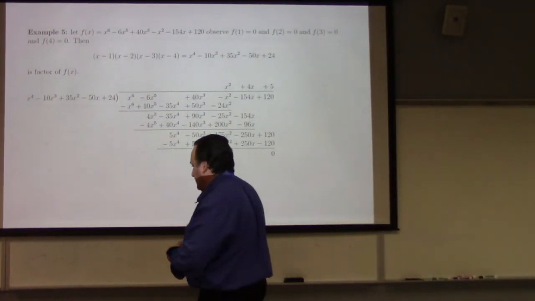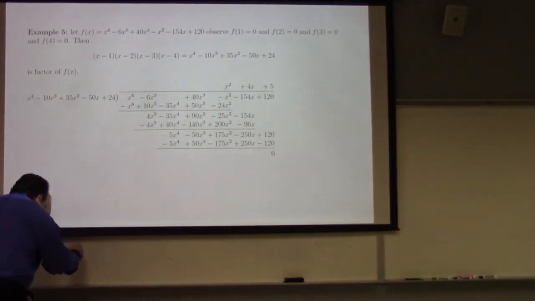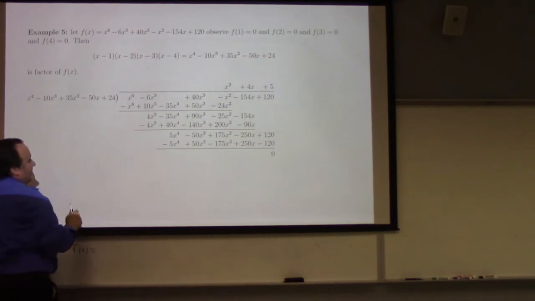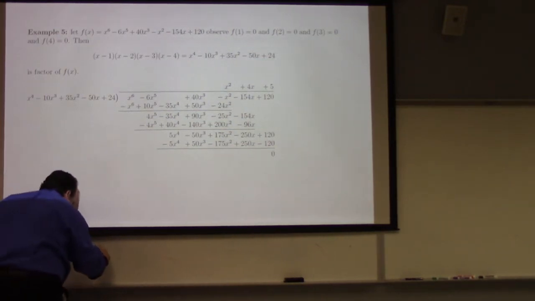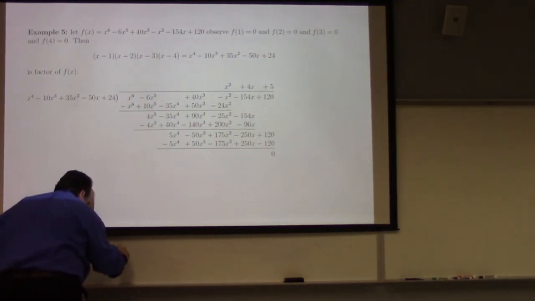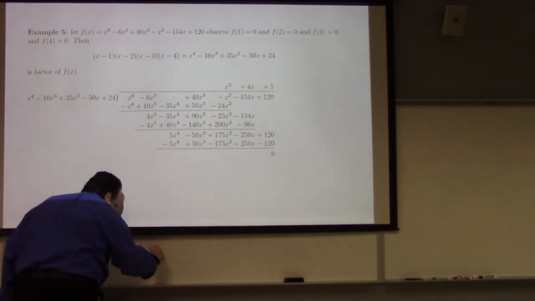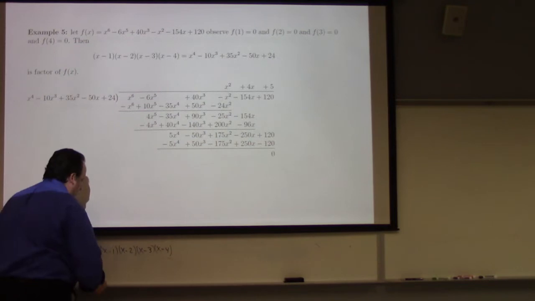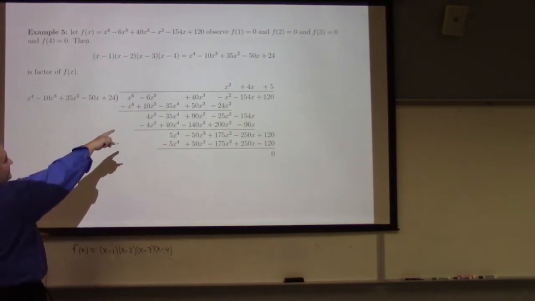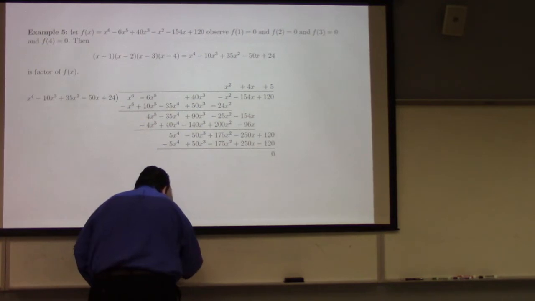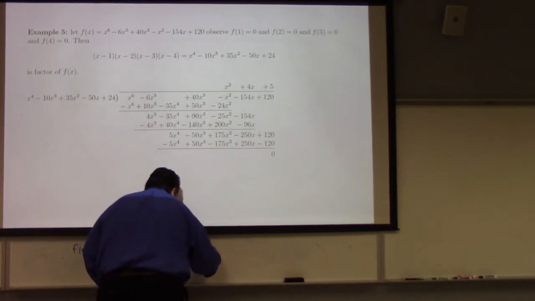We get f of x equals the thing we divided in, which is all this, right? But I'm going to rewrite that as what it is. That's x minus 1, x minus 2, x minus 3, x minus 4, and then that times what's up here, x squared plus 4x plus 5.